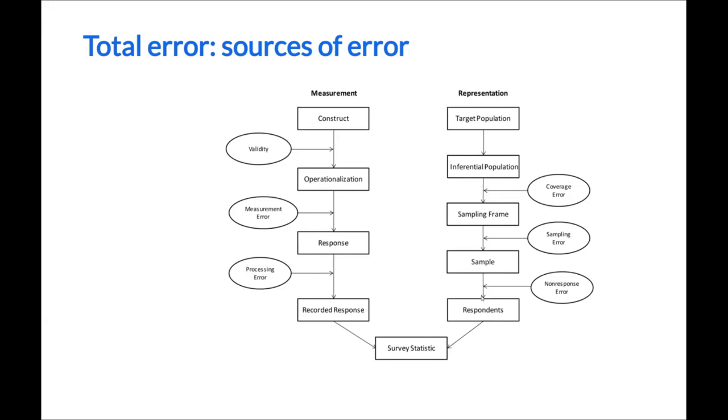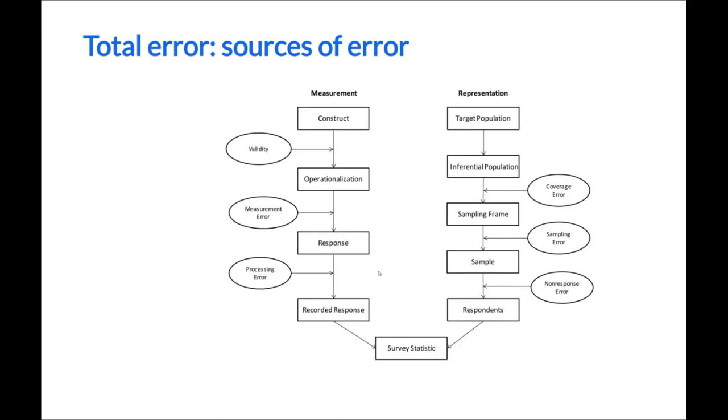This is the approach about the total error, in which we can observe two main sources of error. The first is representation, which ILSAs, the large-scale assessment studies, try to control using very good samples in the different countries.